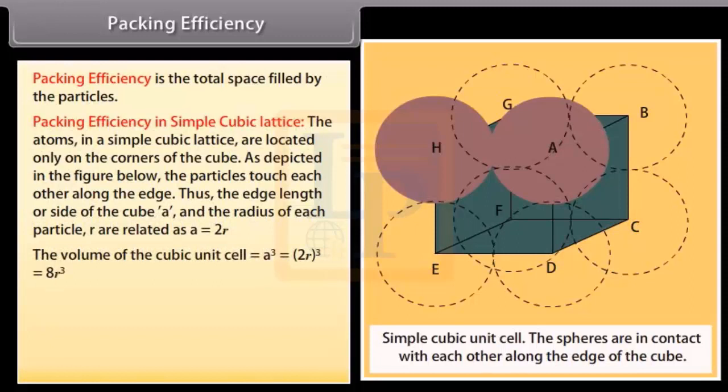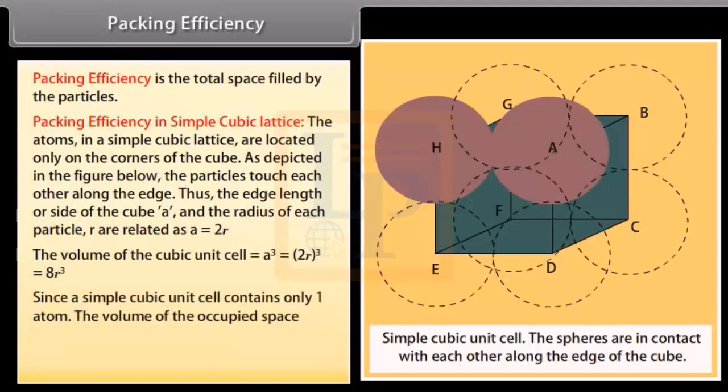The volume of the cubic unit cell is equal to a cube, which is equal to (2r) cube, which equals 8r cube. Since a simple cubic unit cell contains only one atom, the volume of the occupied space is equal to 4/3 pi r cube.